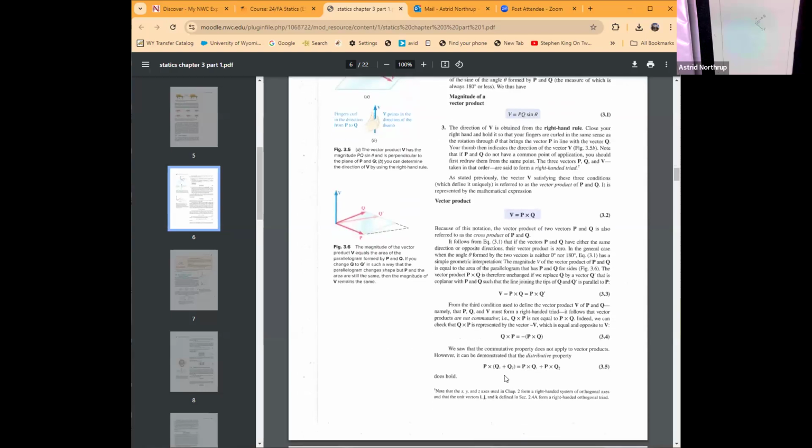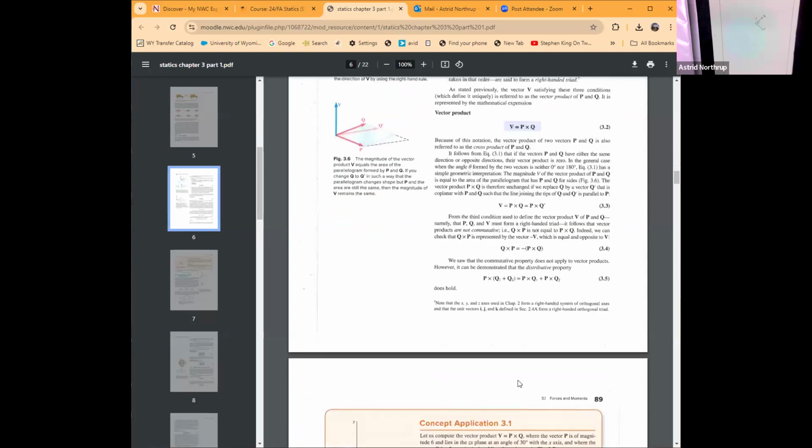And this is the distributive property. Turns out, even though vector multiplication is not commutative, it is distributive. So if you have P crossed with 2 vectors added together, you can distribute the P through the parentheses, and it's P cross Q1 plus P cross Q2. And it does hold.